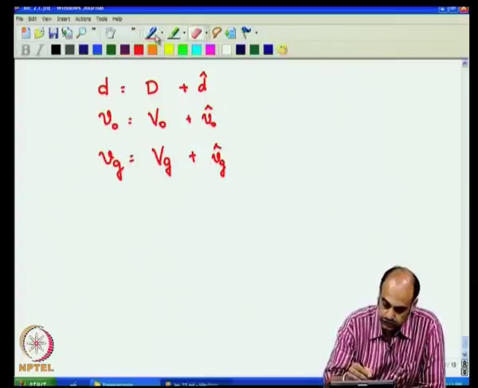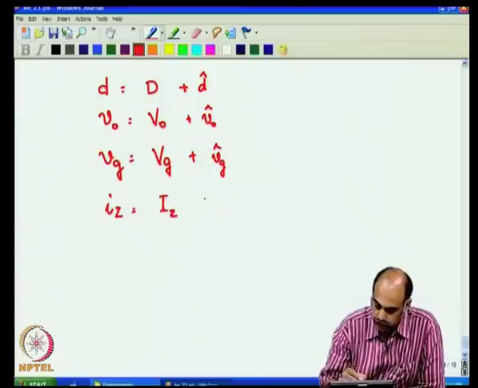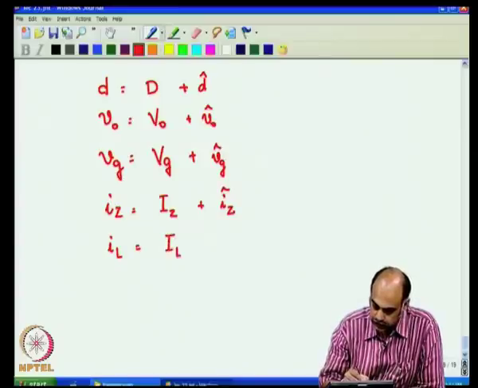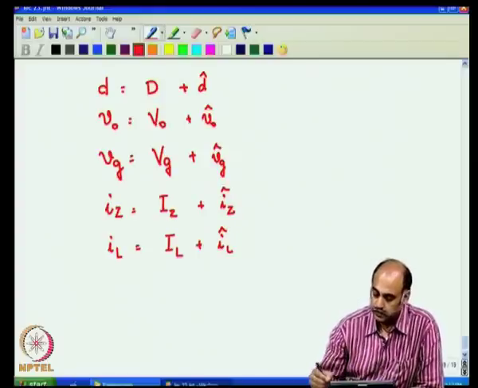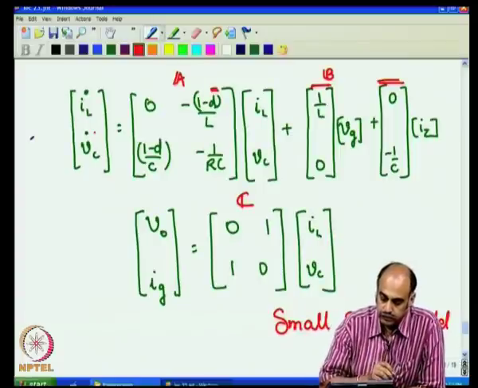Iz is equal to steady state part plus this, and you have IL, which is having a steady state part plus IL hat, so on. So, we try to make these substitutions everywhere.